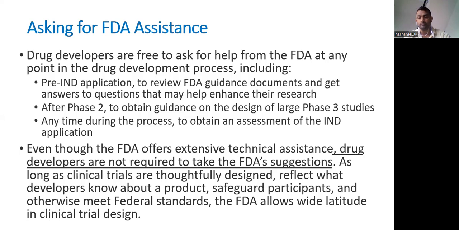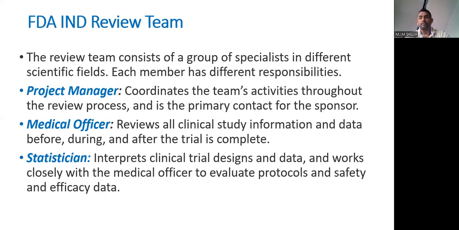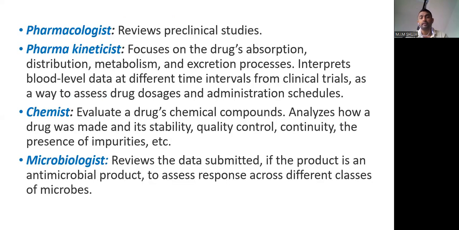You can ask them. Then the FDA review team analyzes the IND application, with a set of different members with different qualifications: project manager, medical officer, statistician, pharmacologist, pharmacokineticist, chemist, and microbiologist.